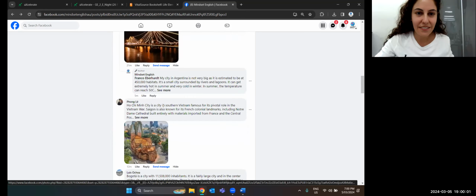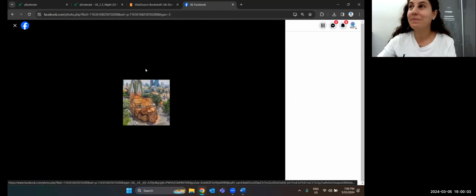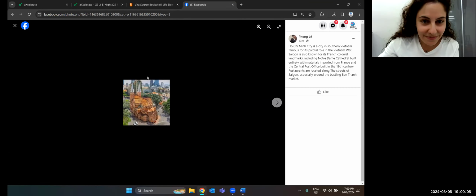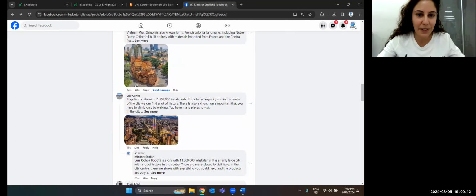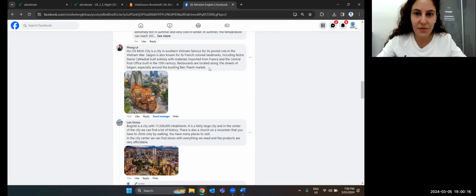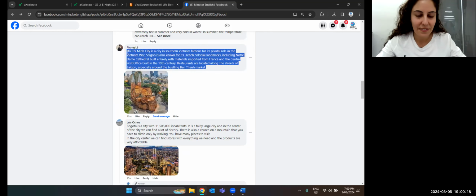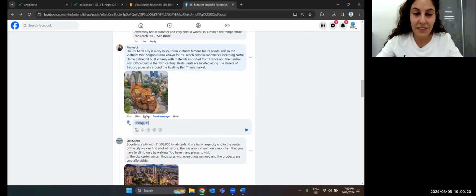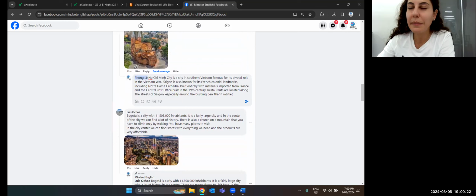Okay, we have Pho. This is an image that looks amazing. Very, like a lot of detail in this structure, building. Let's see what Pho has written. Okay, so we've heard of this city, Ho Chi Minh.